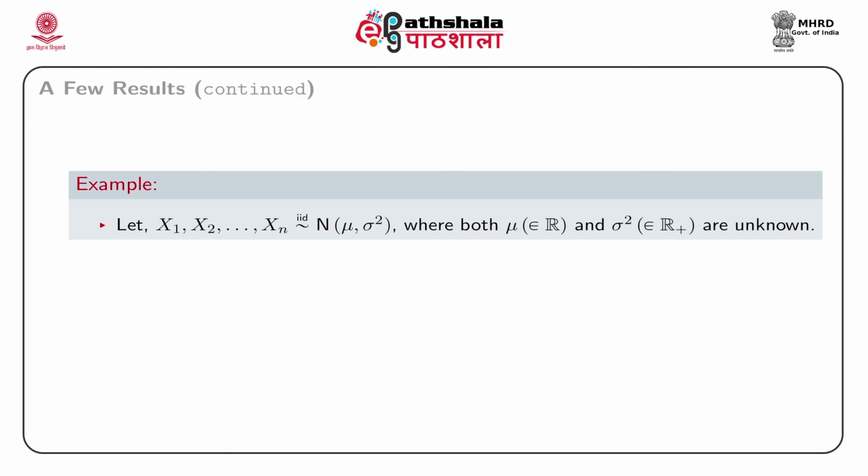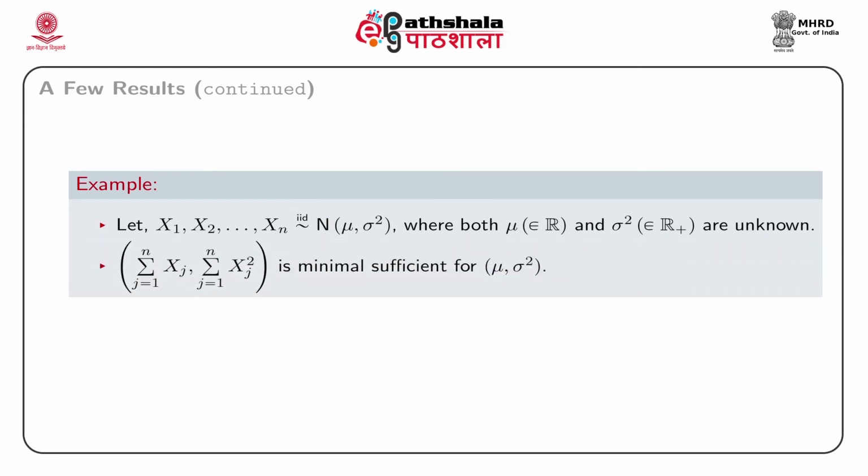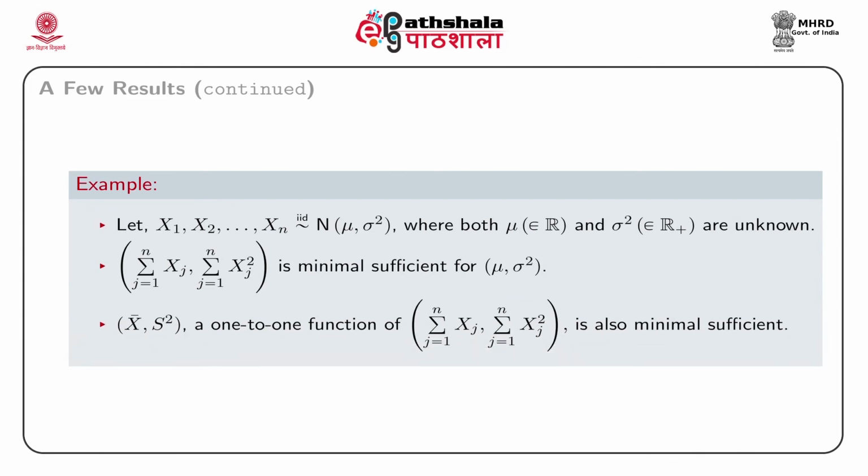Now we know that the statistic T, which equals (summation Xi, summation Xi square), is minimal sufficient for (mu, sigma). Now X bar, which is 1/n summation Xi, and S square, which is 1/(n-1) summation (Xi minus X bar) square, being a one-to-one function of T, we can claim that (X bar, S square) is also minimal sufficient.